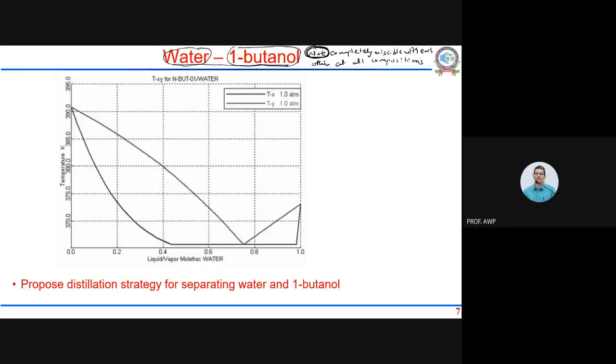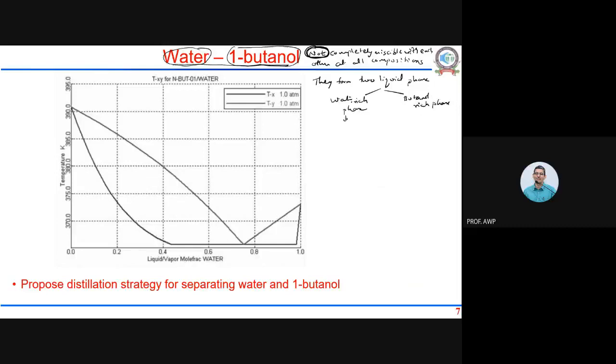Under certain compositions, they form 2 liquid phases. One is the aqueous rich phase, means water rich phase, and one is the butanol rich phase.